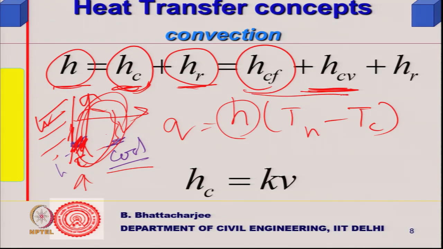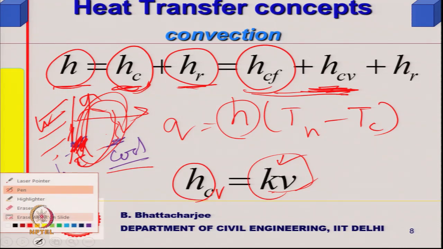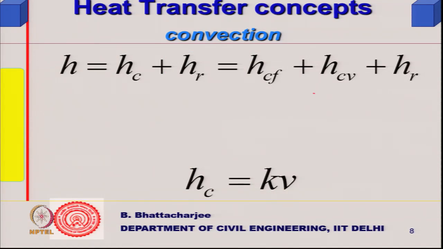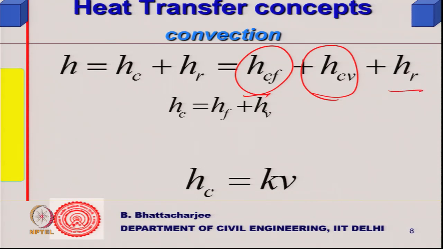So you can divide it into two parts, where Hc is some constant into V, velocity. This one is a function of velocity, some k dash into V, but we do not look into those details, we are just trying to understand them. So this is related to velocity, and this is related to temperature difference. There is a radiation component also.